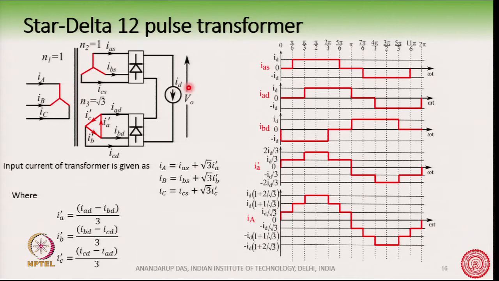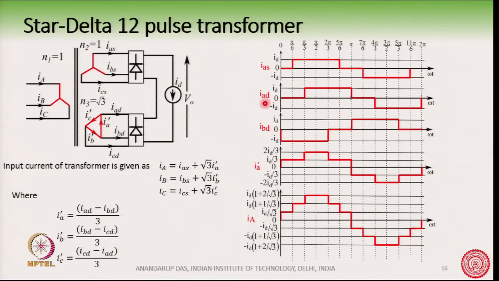So, the sequence of conduction of the diodes in this rectifier will be 30 degrees phase shifted, and hence the current waveform IAD will be exactly similar to IAS, but 30 degrees phase shifted, because of how the diodes are conducting in the upper rectifier and the lower rectifier, since this voltage and this voltage have a 30 degree phase shift between them. Therefore, IAS and IAD will have a 30 degree phase shift.